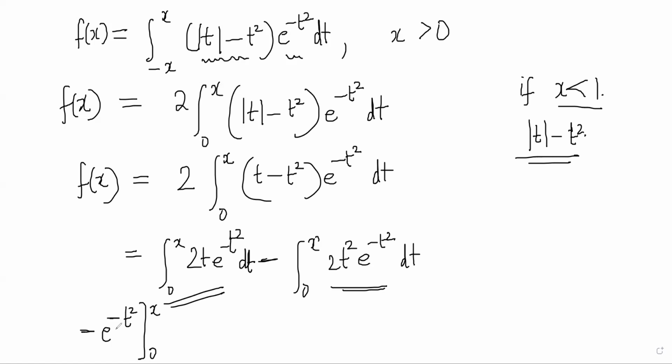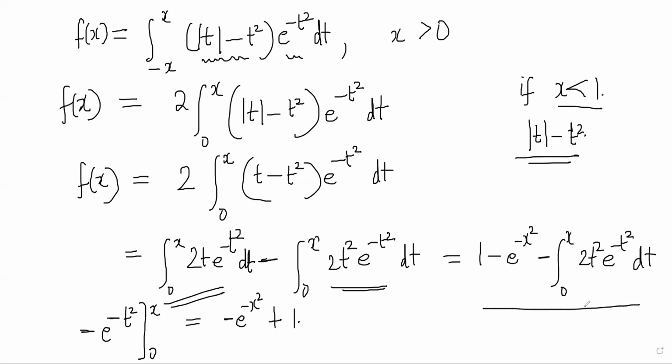Let's calculate the first part first. This part becomes minus e power minus x square plus 1. So you're getting 1 minus e power minus x square minus the integral from 0 to x of 2t square e power minus t square dt. That is my f of x.